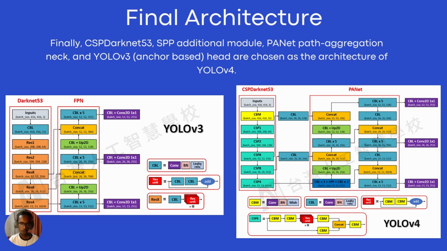And this helps to enhance the performance. And the head for both YOLOv3 and YOLOv4 are the same. So they didn't make any modification on the head part of the network. So that's all about the first part of the YOLOv4 paper.